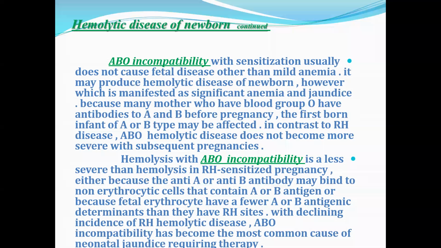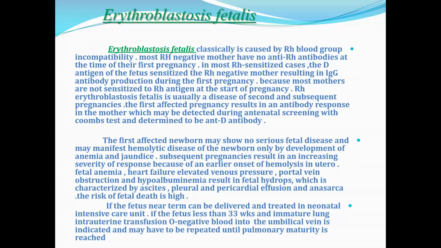Erythroblastosis fetalis, or hemolytic disease, is classically caused by RH group incompatibility. Most RH negative mothers have no anti-RH antibodies at the time of their first pregnancy, so the first pregnancy is free from antibodies. In most RH sensitized cases, the D antigen of the fetus sensitizes the RH negative mother, resulting in IgG antibody production after the first pregnancy.